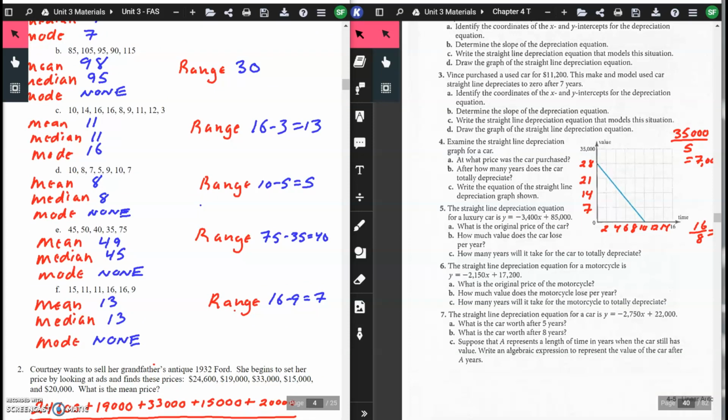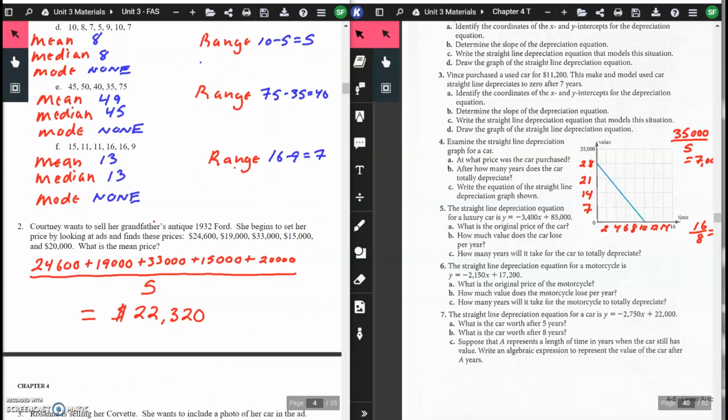So you don't have any number that's used the most. You have 2 numbers that are both used twice, but you don't have one specific number, so that would also be no mode. Okay, so mean is average, median is the middle. If you arrange them from least to greatest, you could easily find the median. Mode is the most commonly used number, and range is high minus low. So that should help with number 1.